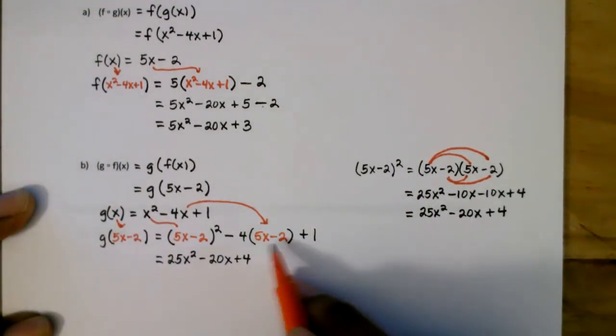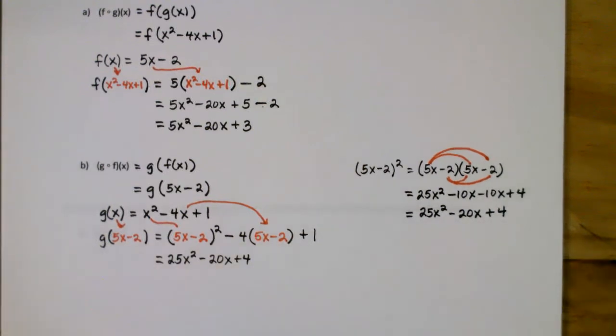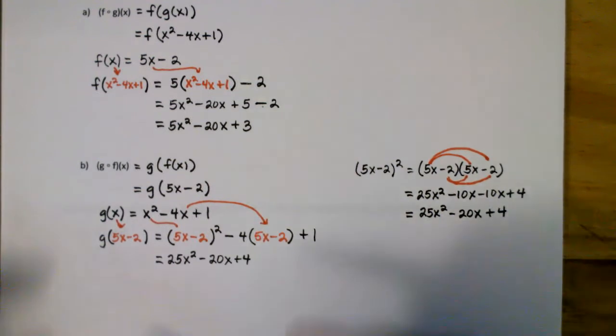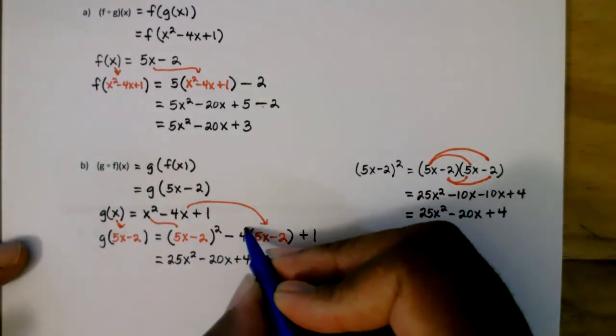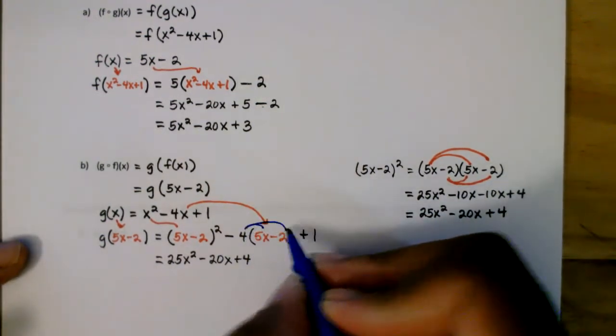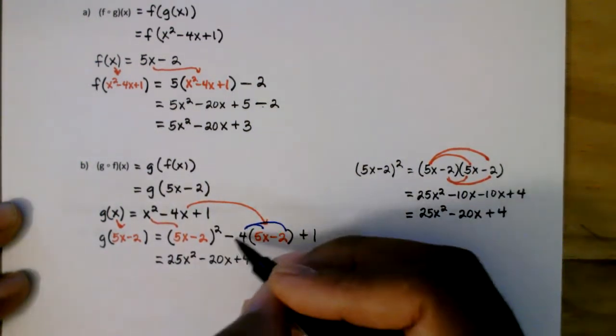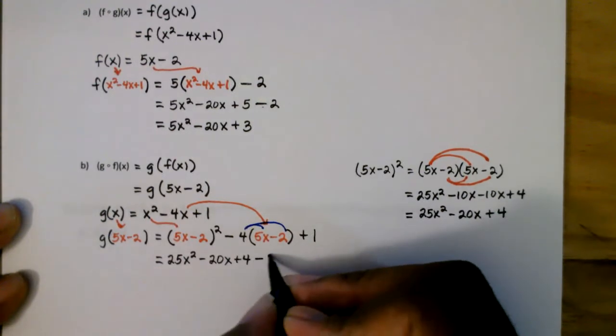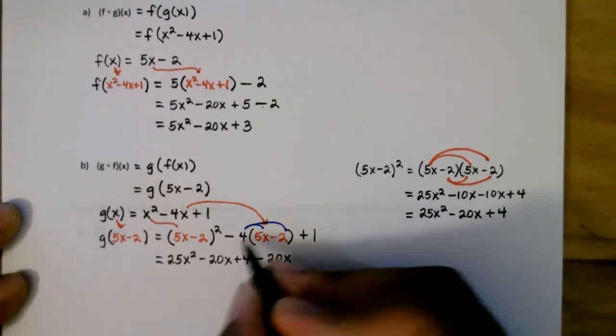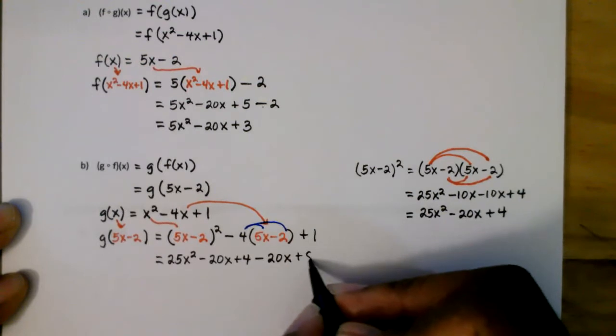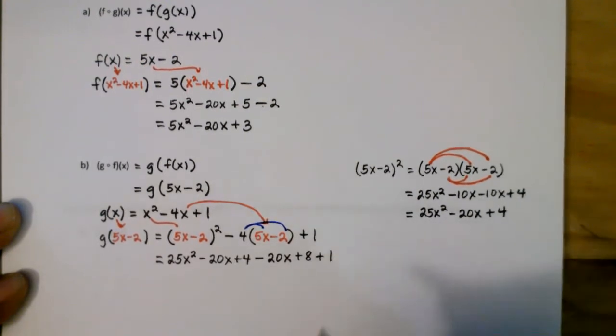Now for the minus 4 times 5x minus 2, we're going to use the distributive property. So in this case, you have to do minus 4 times 5x and minus 4 times a minus 2. Minus 4 times 5x will be minus 20x. Then minus 4 times a minus 2 will be plus 8. And then I bring down the plus 1.